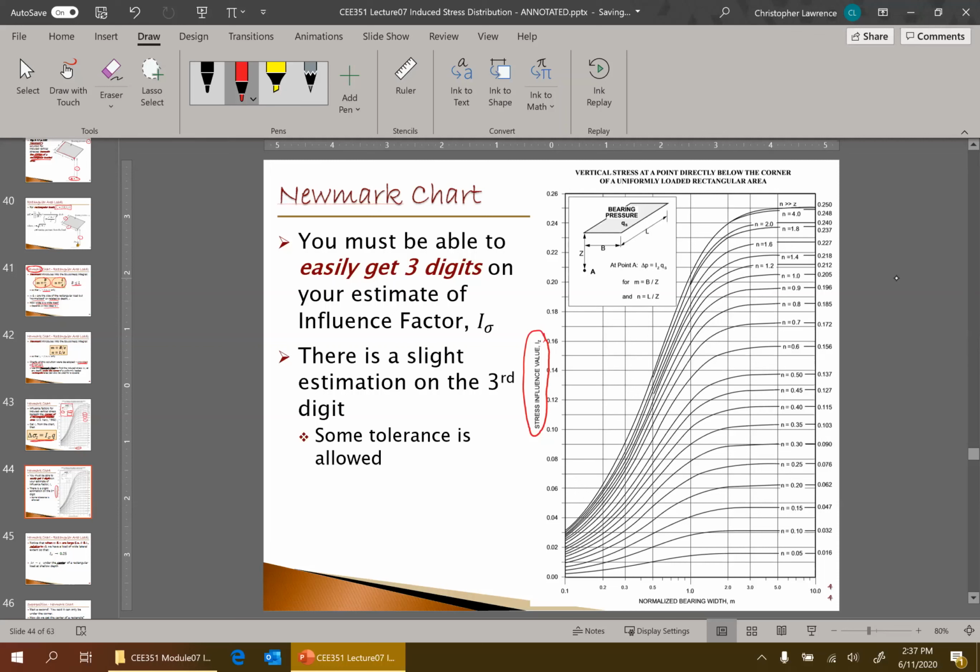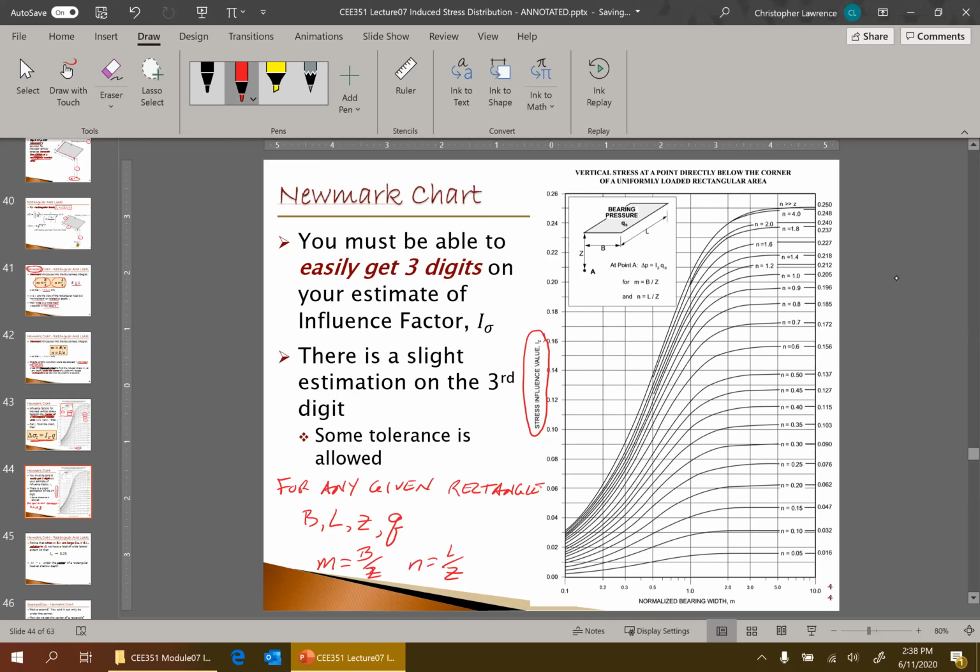So, for any given rectangle, we need to know B, L, Z, and q. Okay, so m equals B over Z, n equals L over Z. That's the first step.